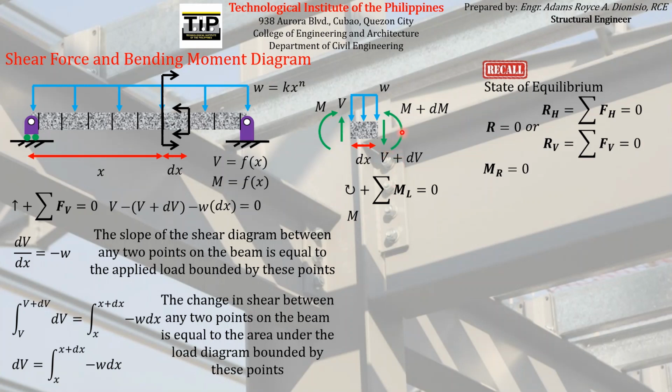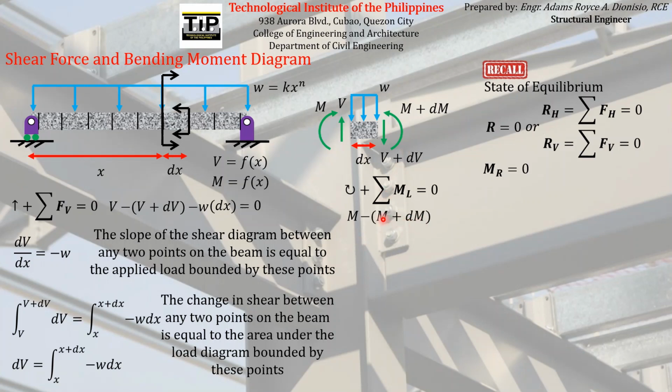Next is this couple moment. Again, like what I've said before, the moment of this couple moment about this left end is just equal to its magnitude. But since it points in the counterclockwise direction, it must have a negative sign.